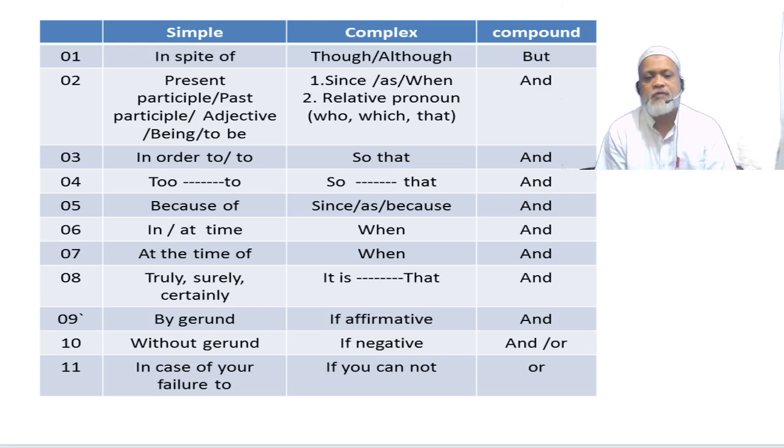I have shown you here 10 circles to change simple, complex and compound sentences. First of all is "in spite of". In a simple sentence, when you find "in spite of", you can change it into complex by using "though" or "although", and we can change it into compound by using "but".